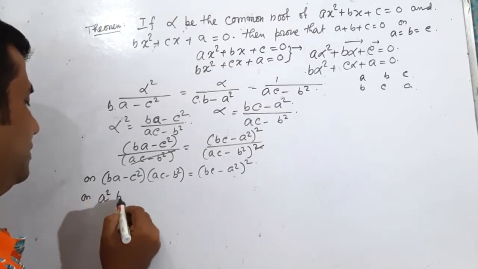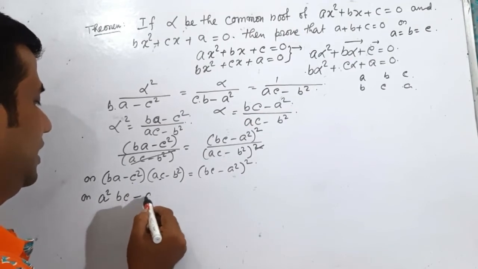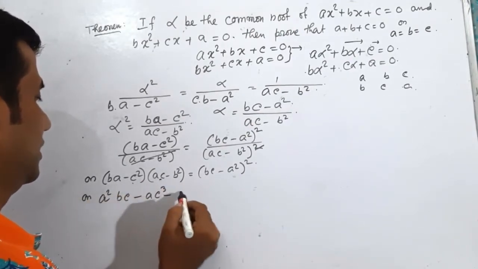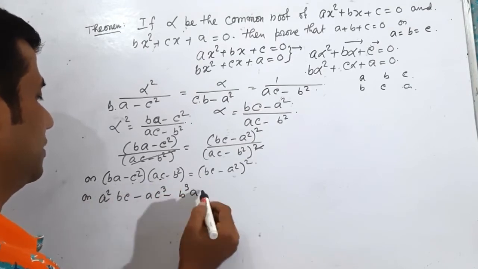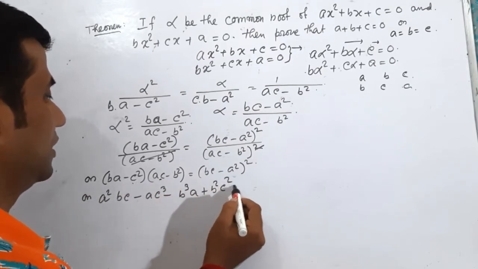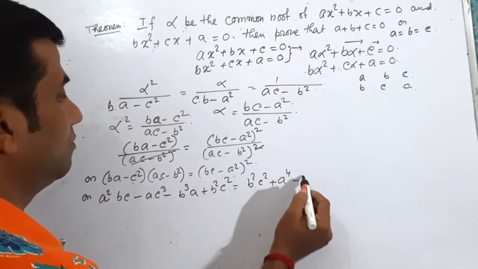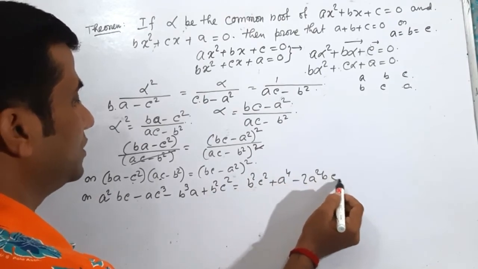a square bc minus a c cube minus b cube a plus b square c square is equal to b square c square plus a to the power 4 minus 2a square bc.